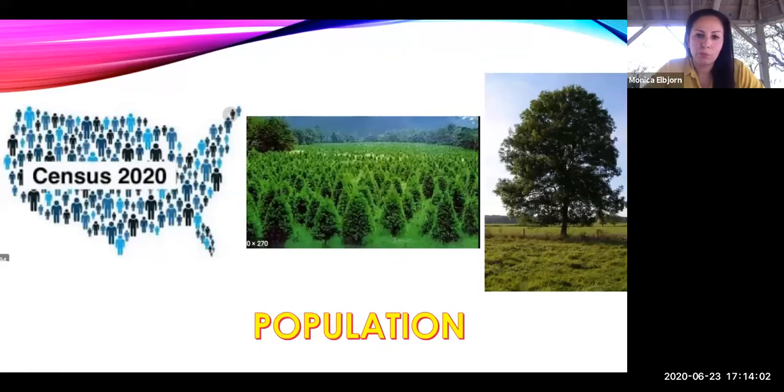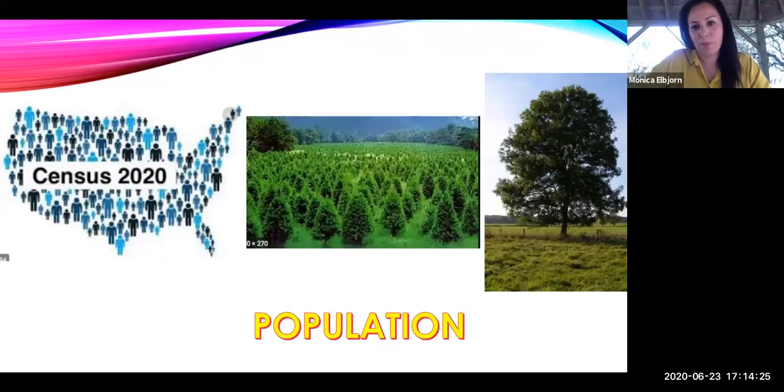So population means a group, everything in a group. The population of our STEM 2020 class will be all the students in our class. If we talk about these leaves, my population will be the one tree that I got the leaves from.